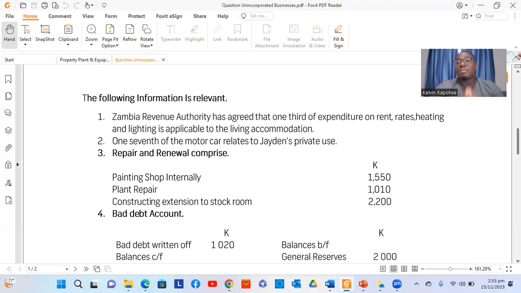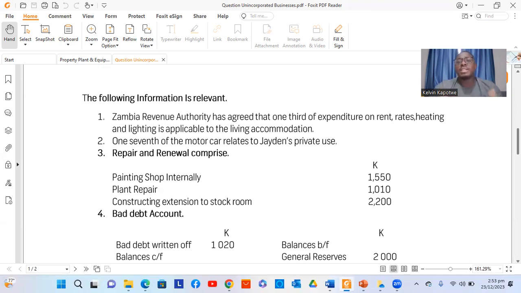All right, and we must be very careful when we are dealing with repair and renewal. So a repair is restoration by renewal. So you're basically replacing a part or a subsidiary of a whole. Okay, so when you're replacing a part or a subsidiary of a whole, then you're doing some repairs. All right.